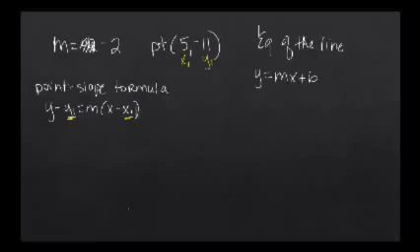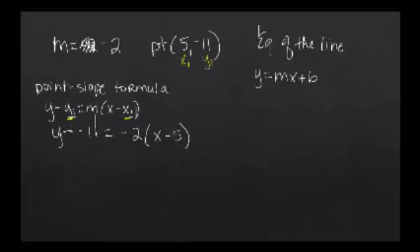So we're going to say y minus -1, because that's y1, equals m, which is -2, times x minus x1, which is 5.